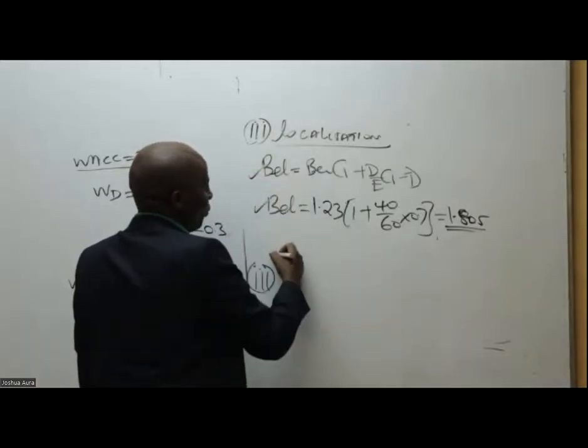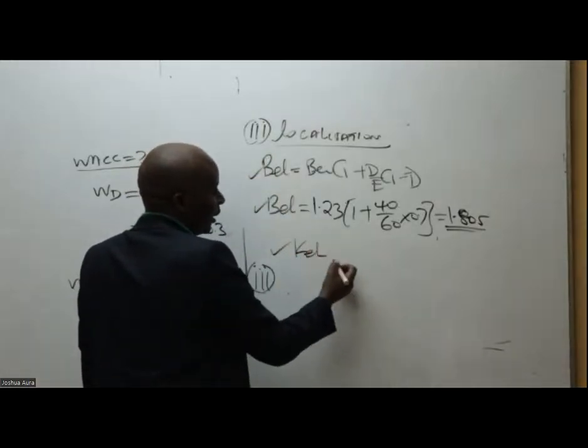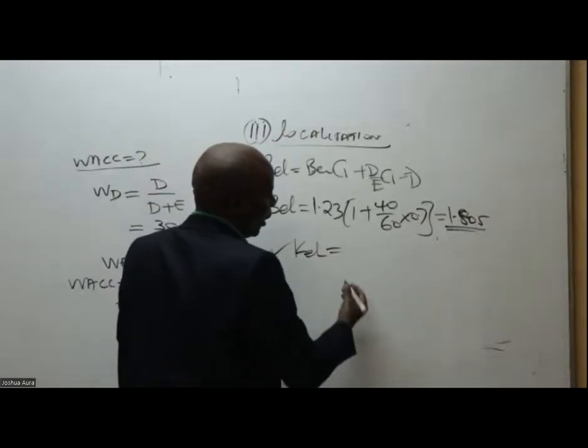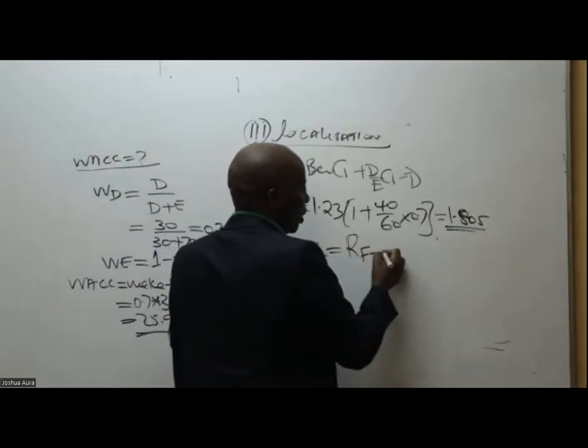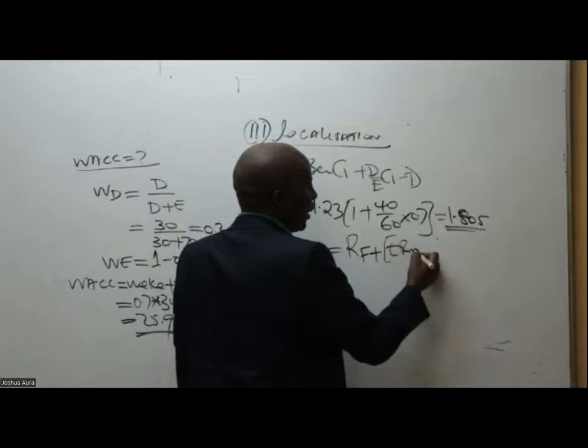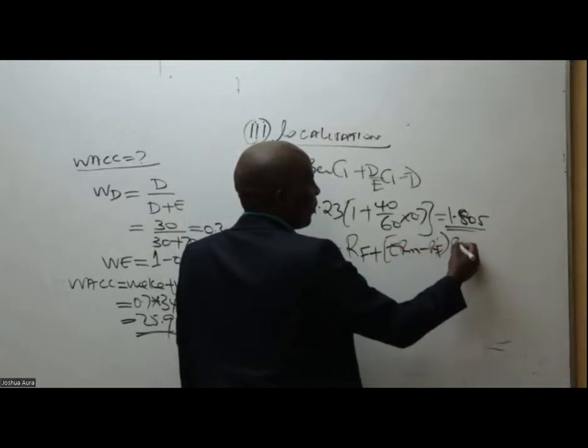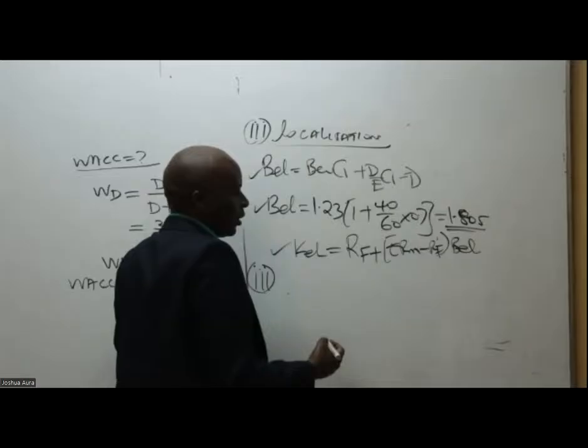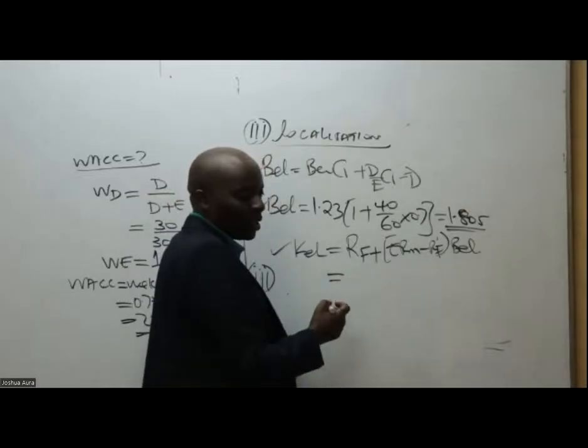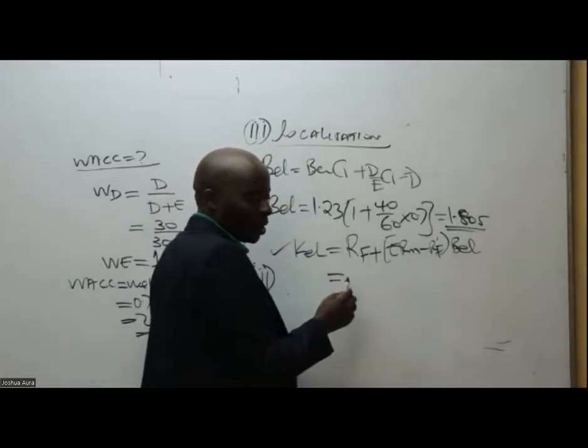Ladies and gentlemen, I'll be able to move to the next thing, which is the CAL for the organization. So CAL, I'm using CAPM. It is risk-free plus returns of the market minus risk-free multiplied by the bell of the organization. So the risk-free, are you able to see the risk-free? Risk-free is what percentage?